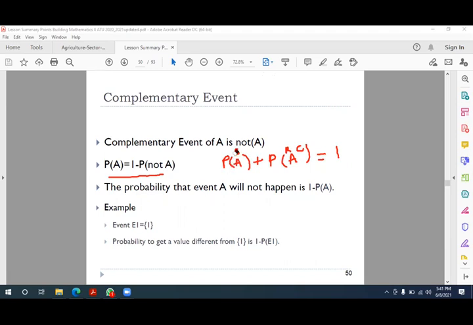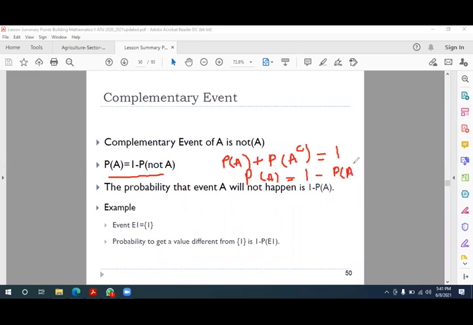So in that regard, we're also saying that the probability of A plus the probability of A complement equals 1, which means that the probability of an event A is simply equal to 1 minus the probability of A complement.